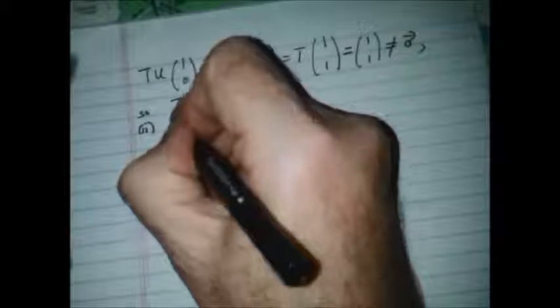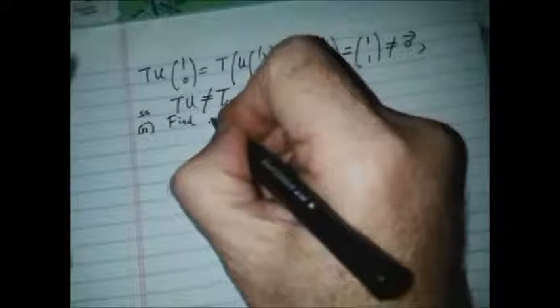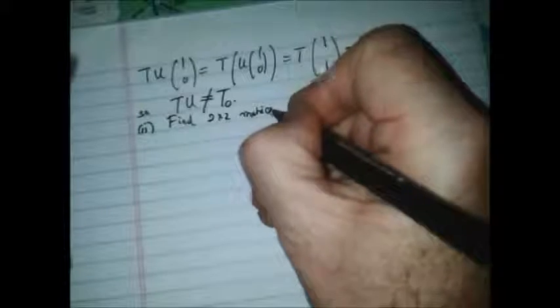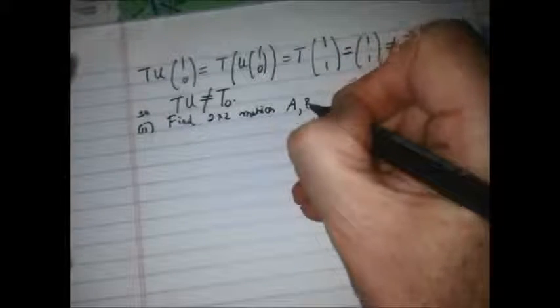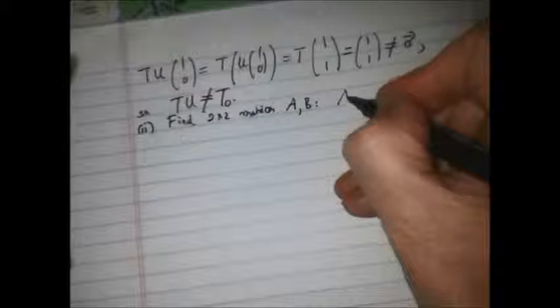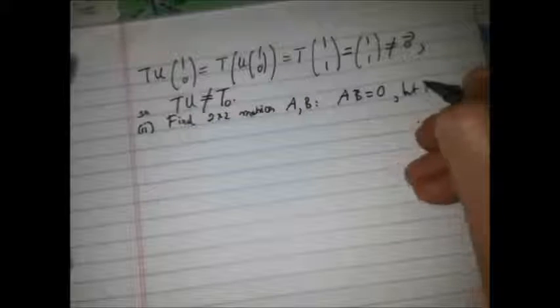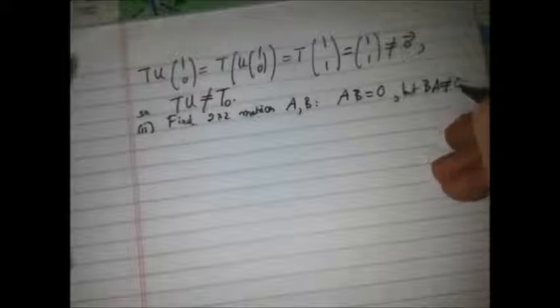Okay, so in the second part of the problem, find 2 by 2 matrices A and B such that A times B is the zero matrix, but B times A is not the zero matrix.